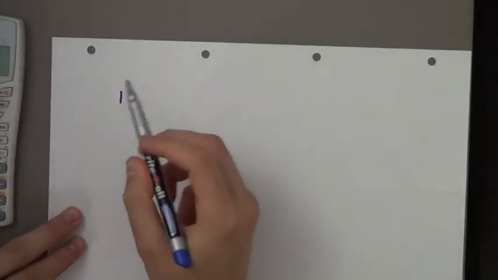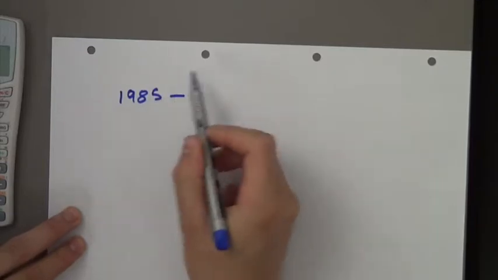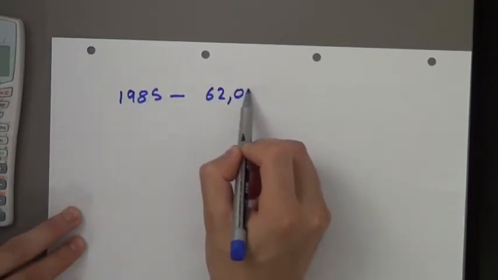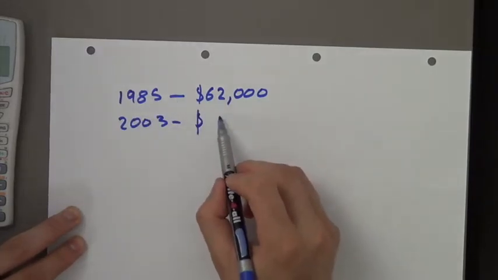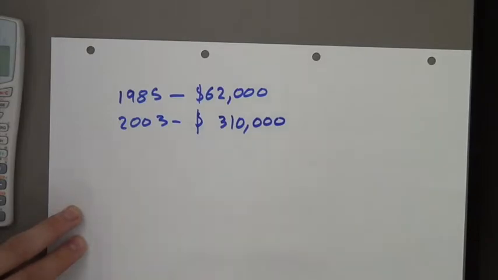Right, next question. A house was built in 1985 and cost $62,000. It was sold in 2003 for $310,000. Work out the 1985 price as a percentage of the 2003 price. So, in 1985 it cost $62,000, and in 2003 it cost $310,000.